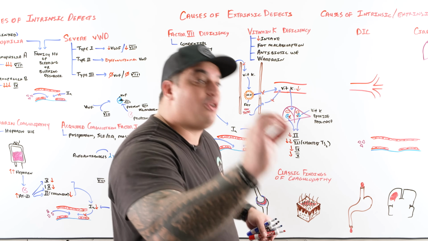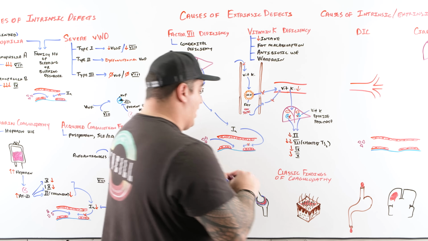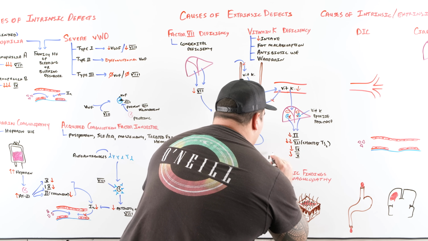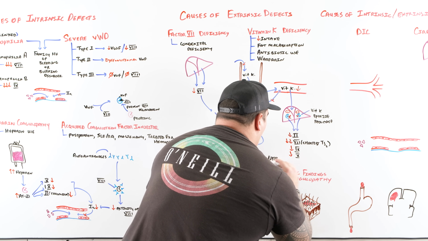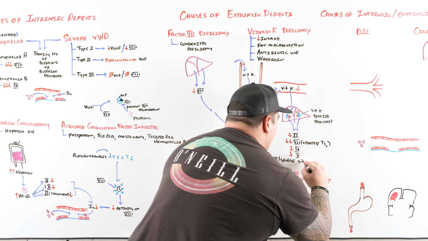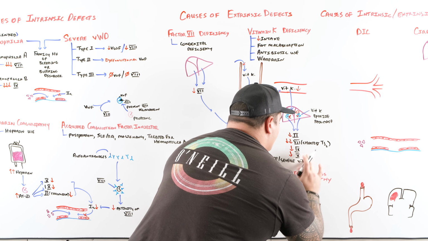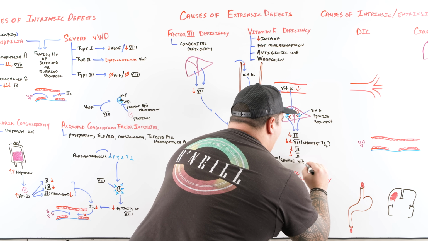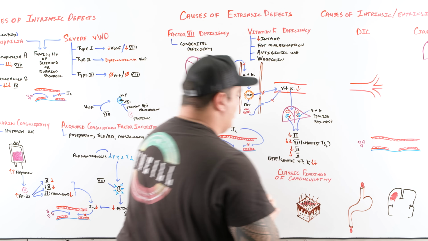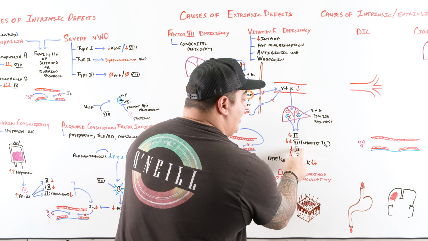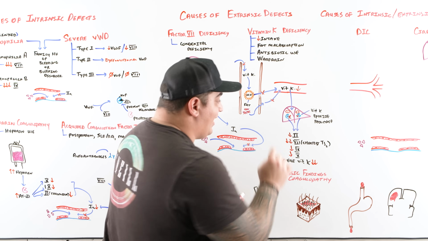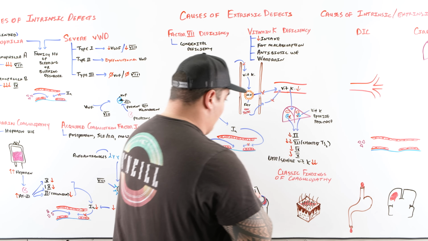But as the disease progresses, so here's the caveat. If it becomes severe, so let's say late or severe vitamin K deficiency, what will happen is this will then start to lead to what? A drop in the production of all these other coagulation factors, enough that it can actually start to cause prolongation of the PTT.